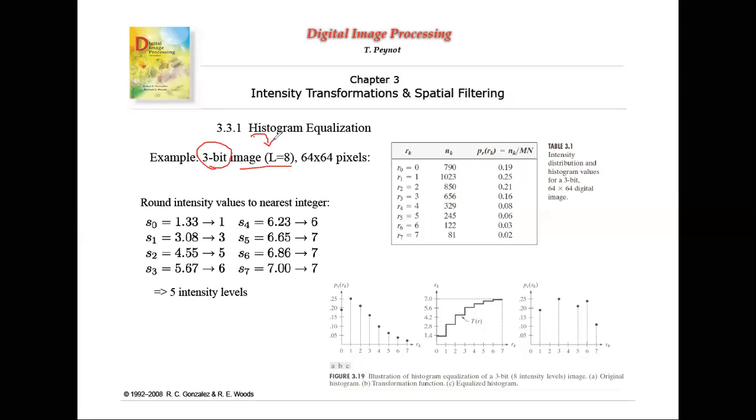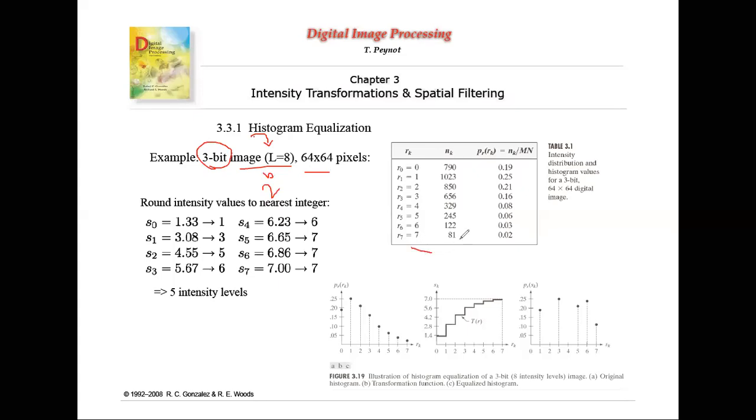When somebody says 8-bit image, L shall be taken as 2 to the power 8. Usually images will be mentioned not in the number of levels but in number of bits. From that L shall be derived as 2 to the power bits. Then size will be given, M cross N, 64 cross 64, M is 64, N is also 64.